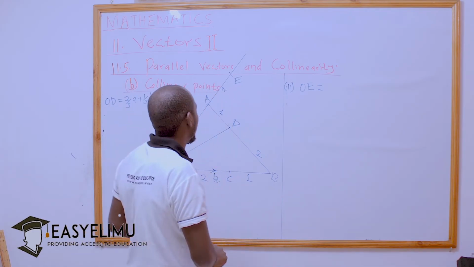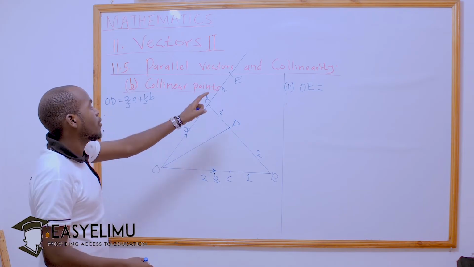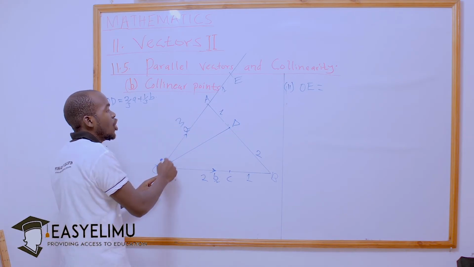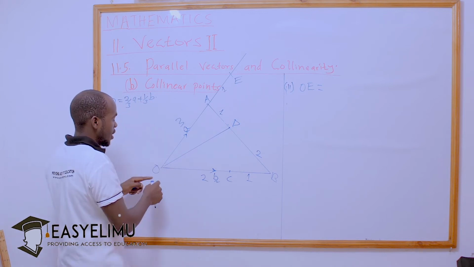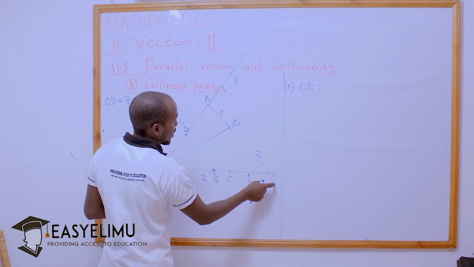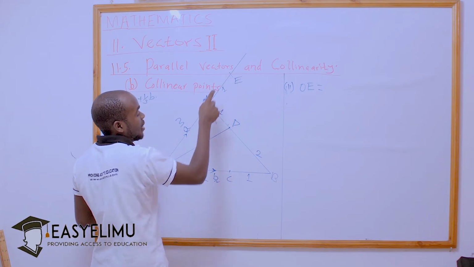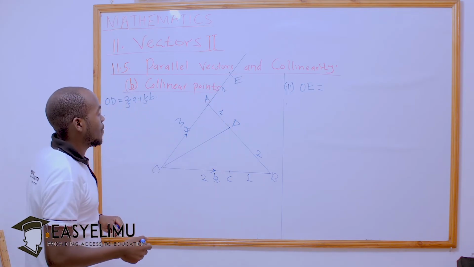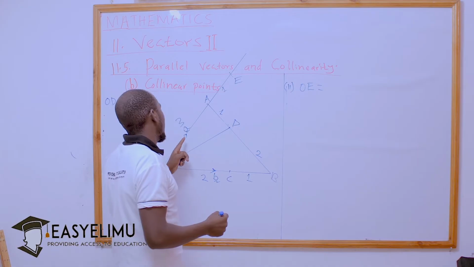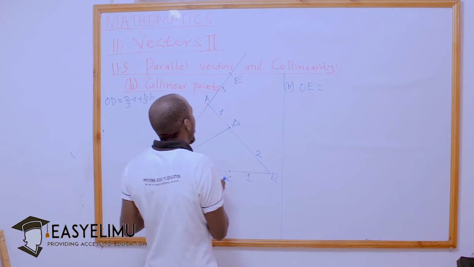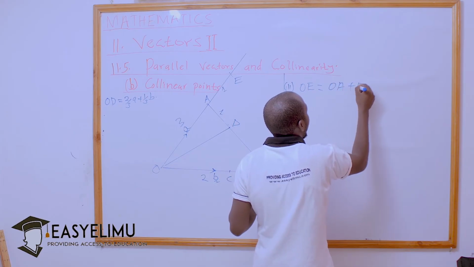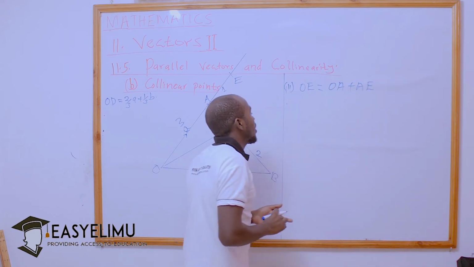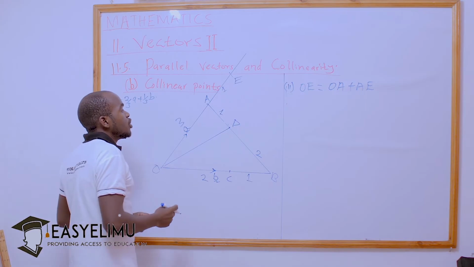The same applies to OE. In order to find OE, you can use OA plus AE, or just use OB plus BA plus AE. You will still get the same value. So in this case, for OE, let's take a shortcut, that is OA plus AE.